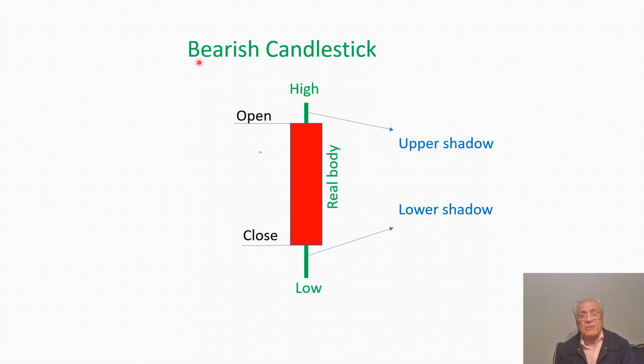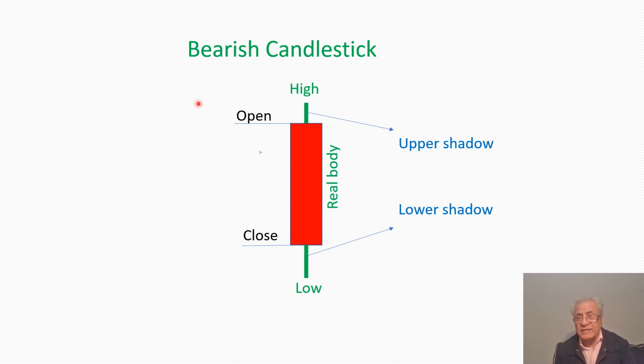Now this is a bearish candlestick, indicated with the red color. This is the upper shadow, lower shadow, a real body, open and close. Now in a bearish candlestick, the open price is always above the closing price.